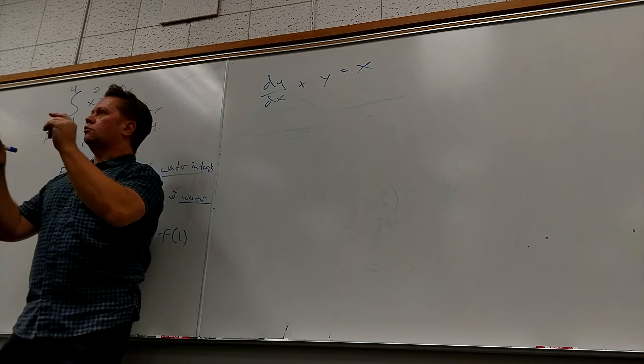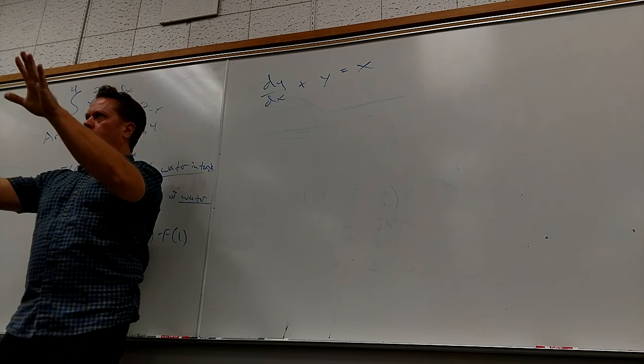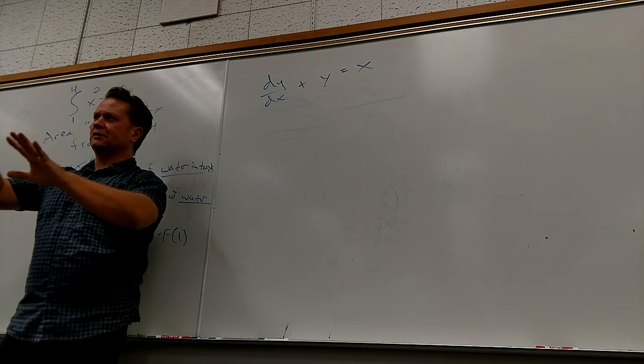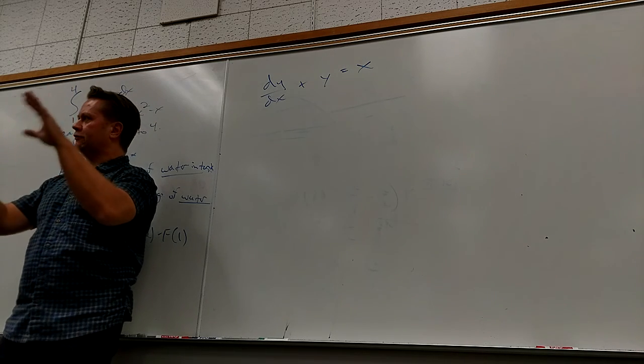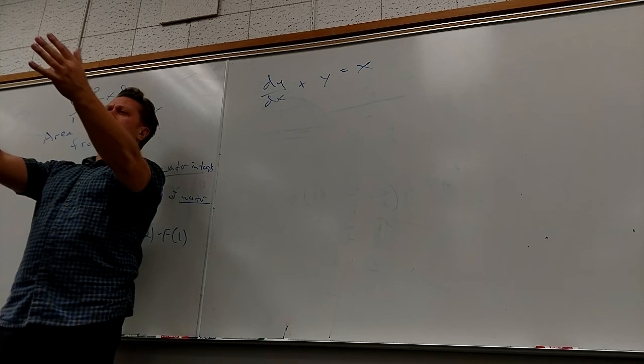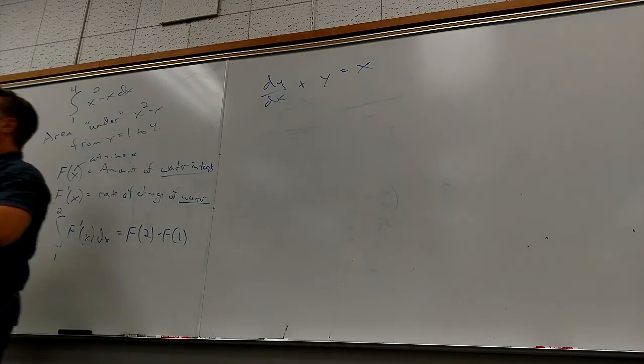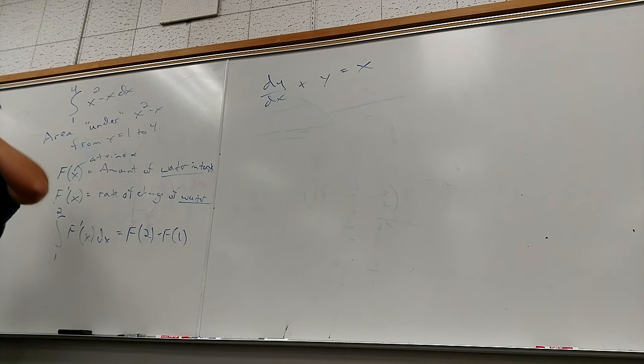But normally in the real world, we can observe differences easily. We can set up relationships between differences. But then I want to know how much actual heat came in here, or how much water we lost, or whatever. I want to know an amount. So I've got to use the flow rates and integration to get the amount. That happens all the time. In physics and, well, in the real world, period.